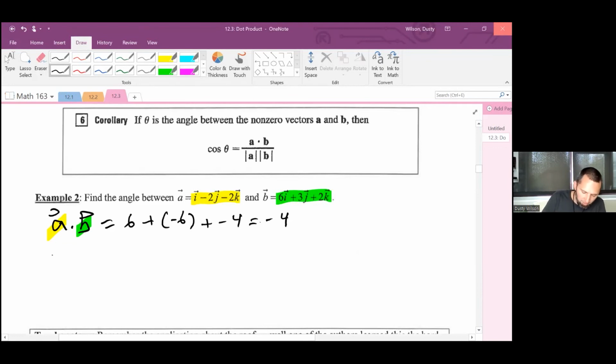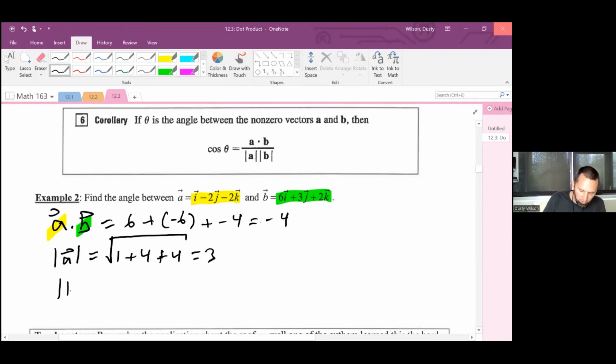We can find the magnitude of A. The magnitude of the A vector is going to be the square root of 1 squared, or 1, plus negative 2 squared, which is 4, plus negative 2 squared, which is 4. Altogether, that's the square root of 9, which is 3.